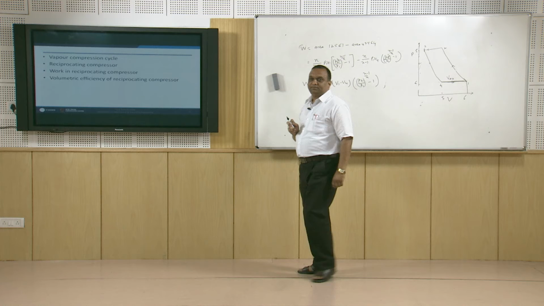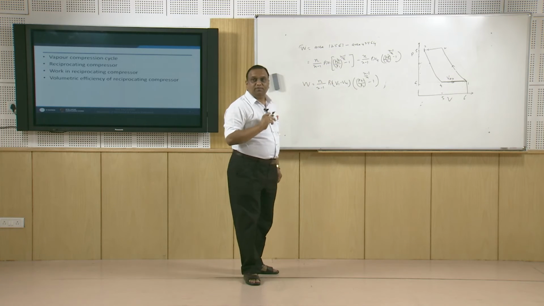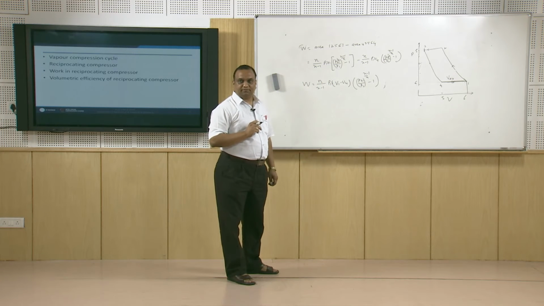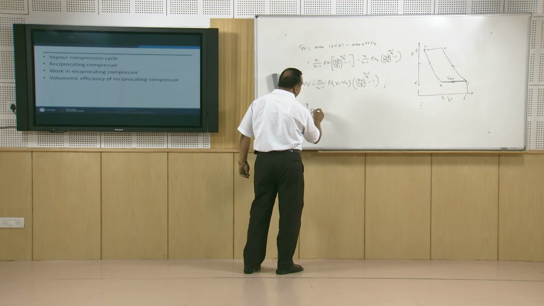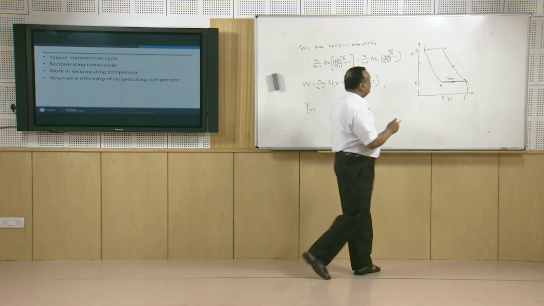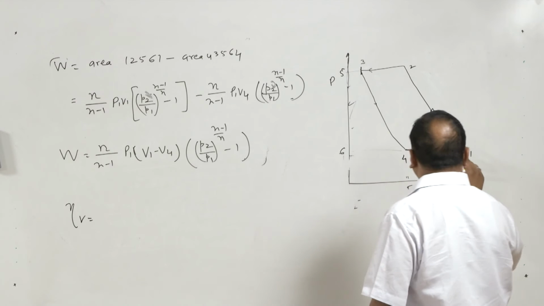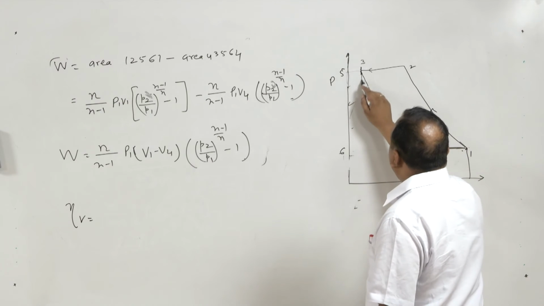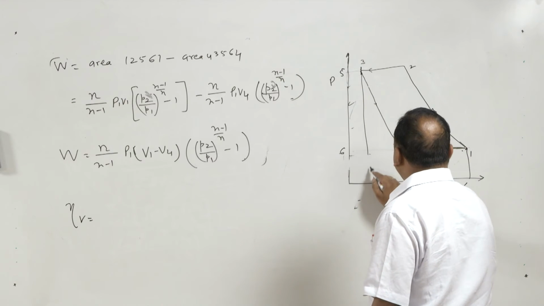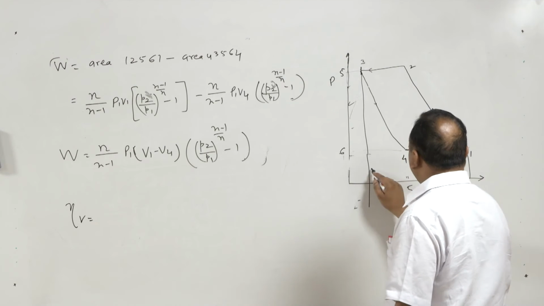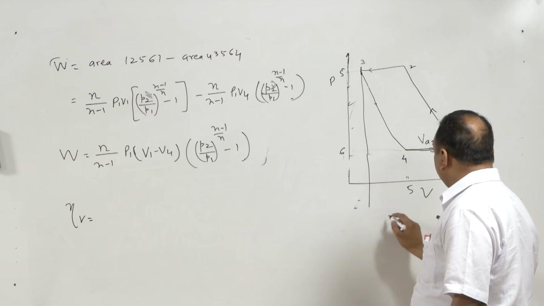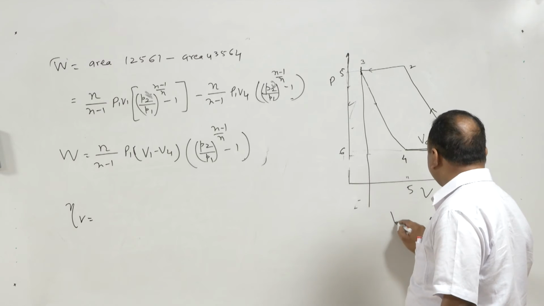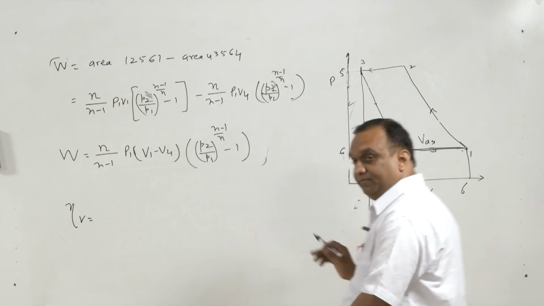Now after this, the volumetric efficiency of the compressor is important. The volumetric efficiency of the compressor is the ratio of the actual mass of the vapor sucked divided by the mass of the vapor corresponding to the swept volume of the compressor, that is Vp.